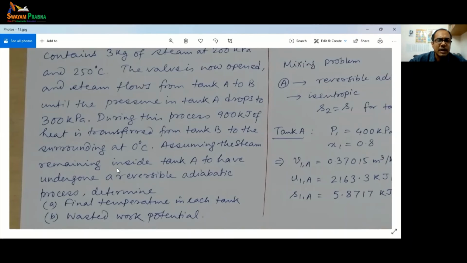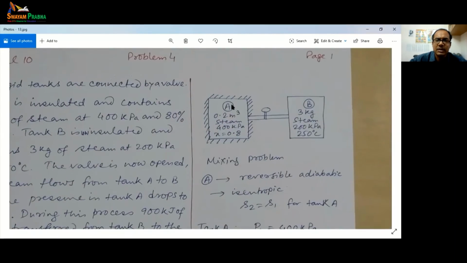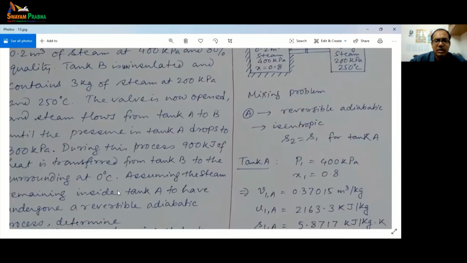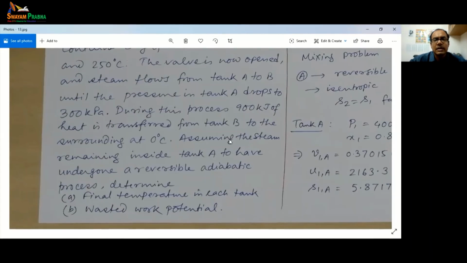Assuming the steam remaining inside tank A to have undergone a reversible adiabatic process. Adiabatic is always there, because it's insulated. But whether it's reversible or not is not known. But the problem statement says that you assume the steam in tank A has undergone a reversible adiabatic process.